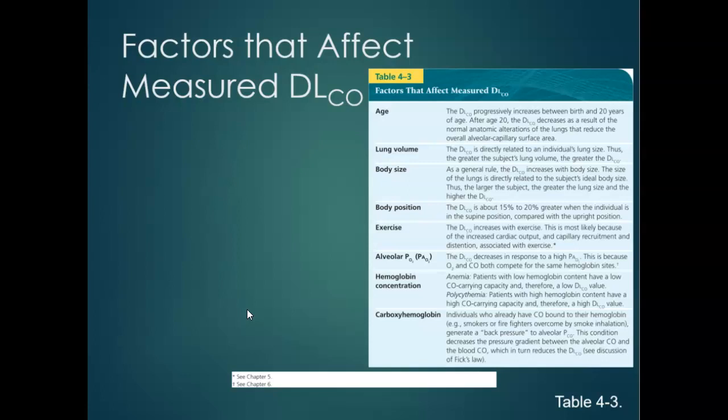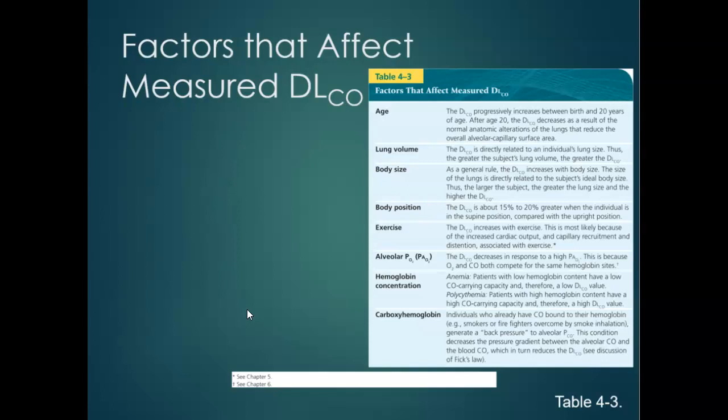Lung volumes: obviously diffusion is going to be better the bigger our lungs are. If I'm a larger, taller individual, I'm going to have larger lungs, so greater surface area and greater DLCO. Lung volume depends on my ideal body size. The taller I am, the bigger my lungs are.